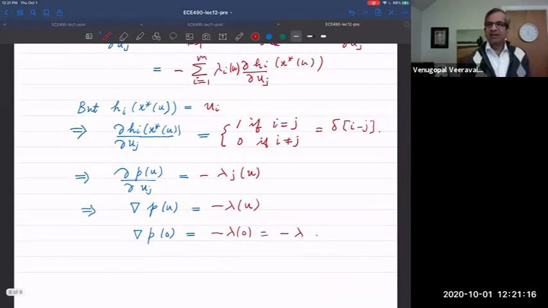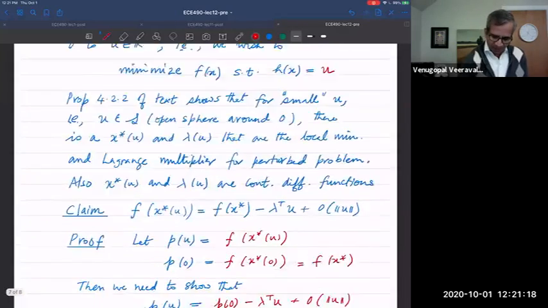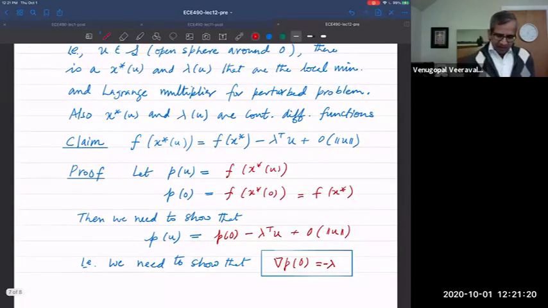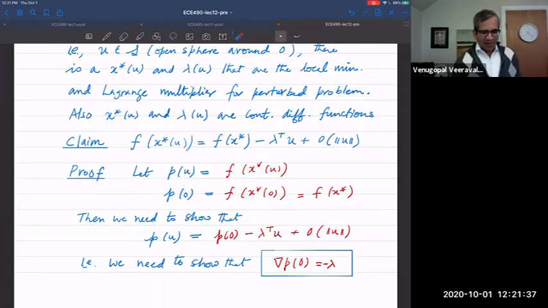Okay, so let's go back and see what we proved. What we proved is that if we perturb the constraint by u, then the rate at which the value of the function at the optimum changes is given by negative lambda.